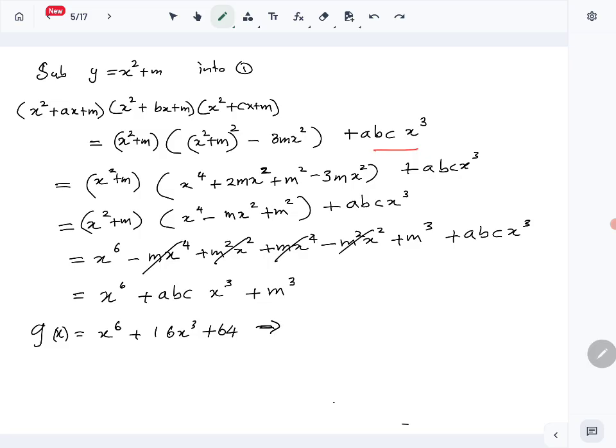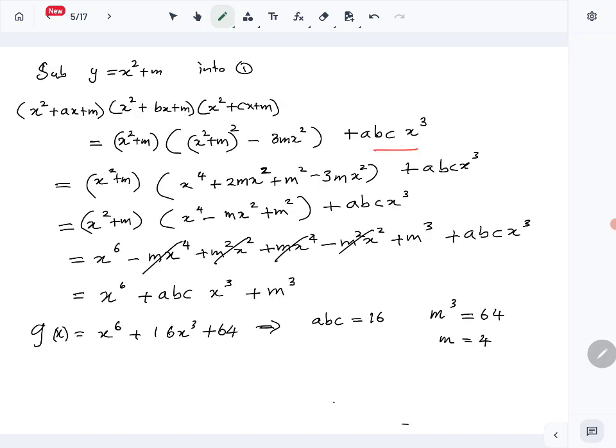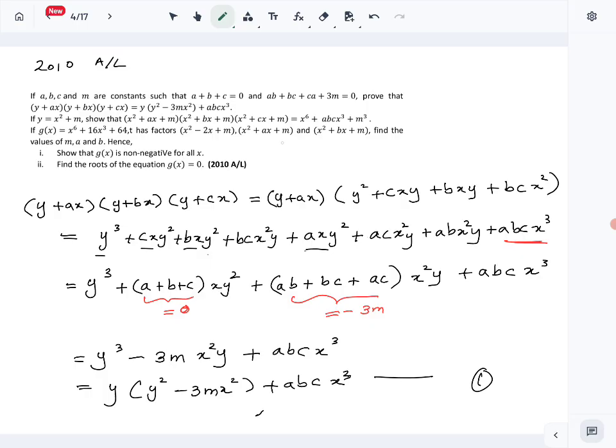ABC is 16 and m cube is 64. So that means m is 4. Right. Yes, that means m is 4. And we have been given the factors. So we need to find a and b. m is now found.